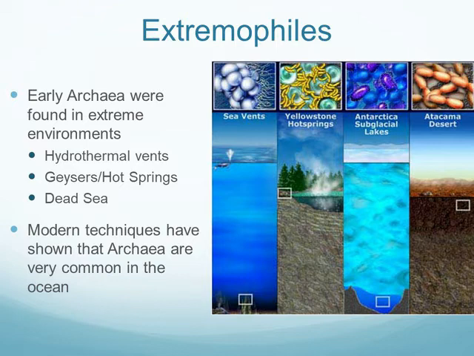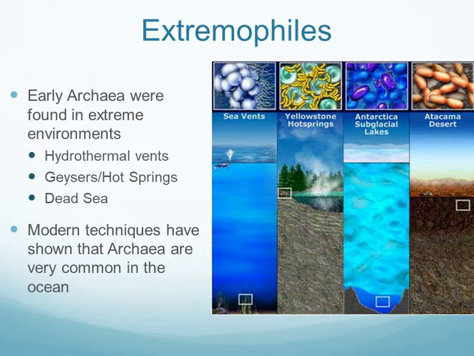They'll be in geysers and hot springs where generally other organisms will not be found. And you also find them within the Dead Sea or in a desert. Or you can find them in a glacier too. So they are in very interesting places where other organisms normally would not be found.